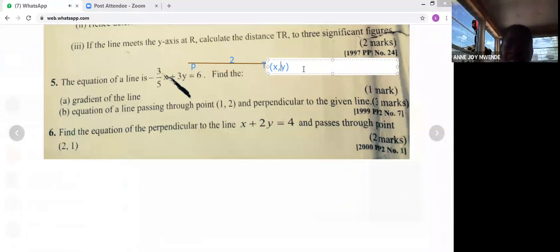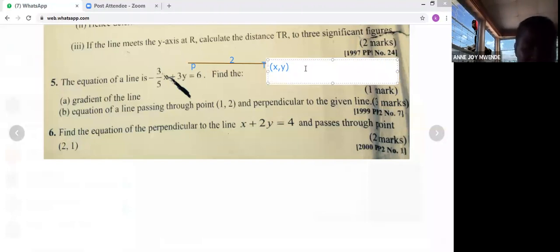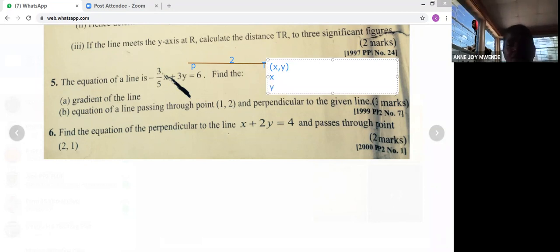Then PT is the coordinate of T minus the coordinate of P. That is (x, y). For you to be able to work on this one, write x, then y, like that, and close it in a bracket as a vertical.